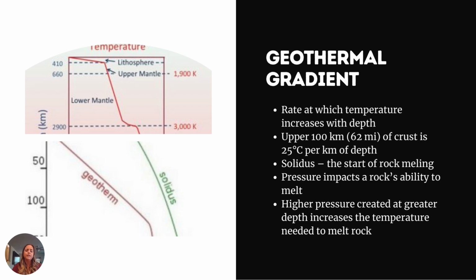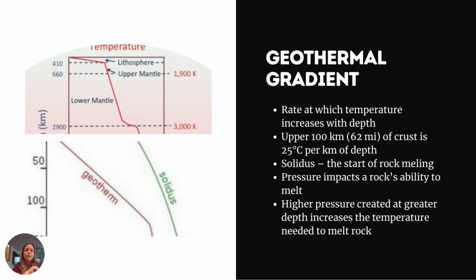Right, so as you go down into the earth, there is something called the geothermal gradient, and this is the rate at which temperature increases at depth. Depending on where you are on Earth, the geothermal gradient is different because there are different conditions.